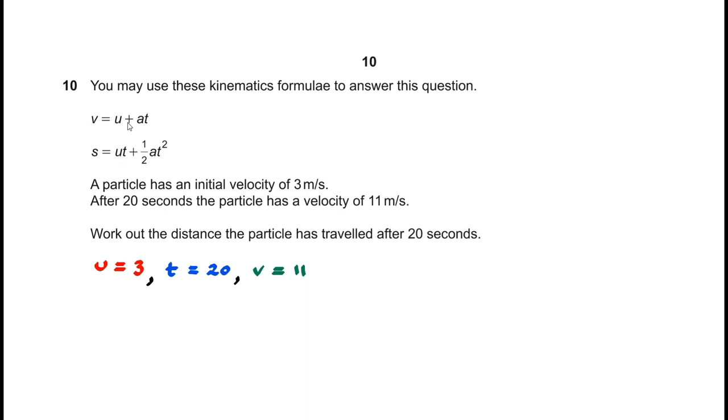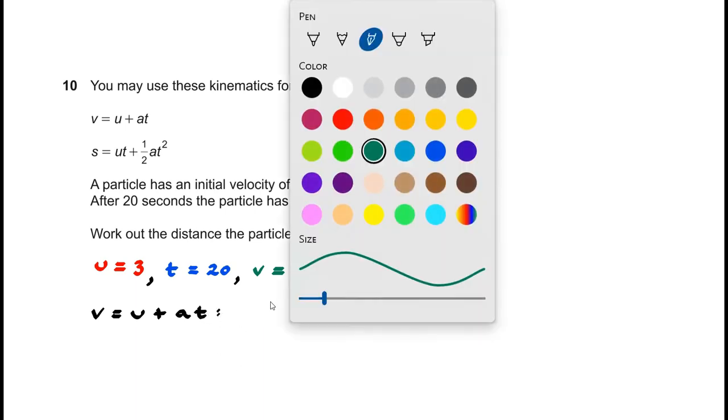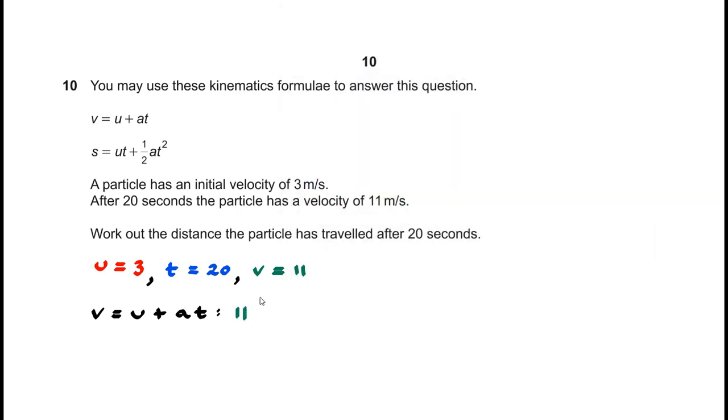Well, I know I can find a from v equals u plus at. So let's do that. If we use v equals u plus at, we've got v, which is 11.